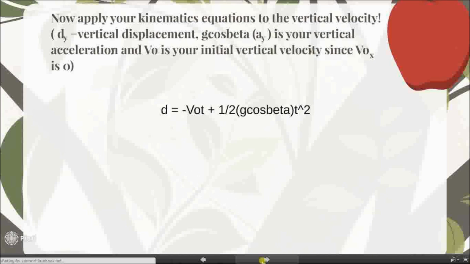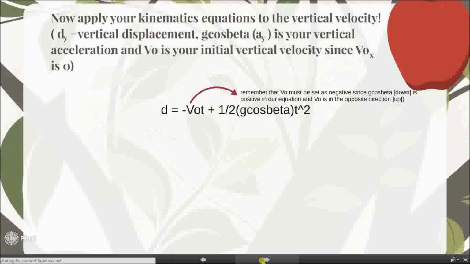Now apply your kinematics equation to the vertical velocity. dy equals vertical displacement, g cos beta or ay is your vertical acceleration, and v0 is your initial vertical velocity since v0x is 0. You get d equals negative v0 t plus 1 over 2 g cos beta times time squared.